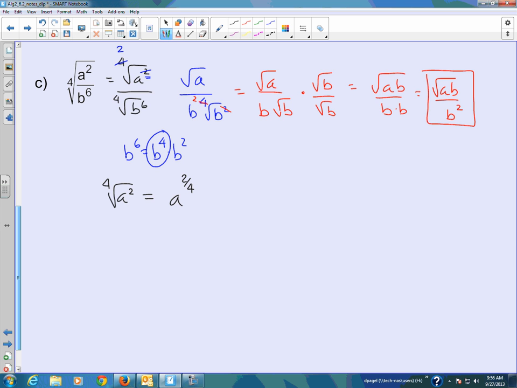Well, 2/4 is reducible to 1/2. And now we're in a situation where there's my root, there's my power, it just becomes the square root of a. So that's what's happening here. When I've got a root number that is divisible by a power number, I can just simply simplify it like that.